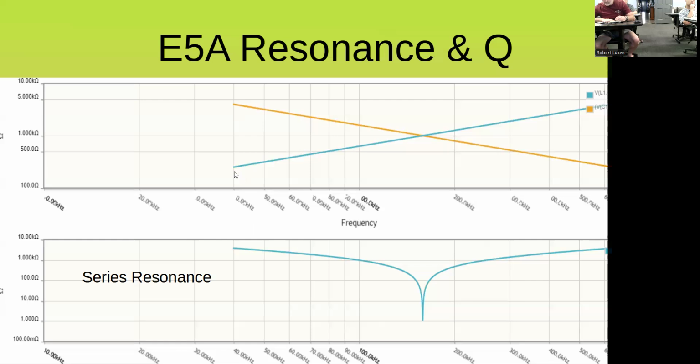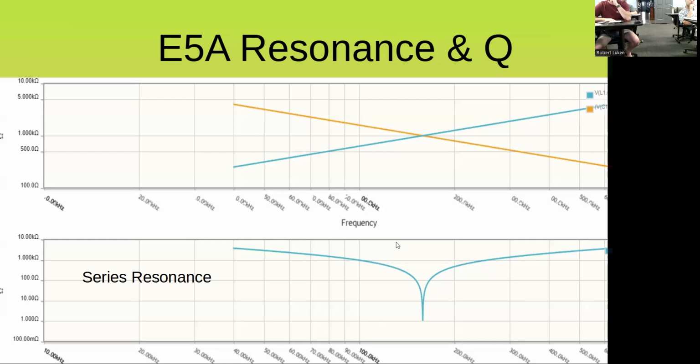The blue line is the inductor, which is just the opposite. It's going to appear as 0 resistance or reactance at 0 frequency and increase as it goes up. You see where the two cross, they're equal, and that's going to be the resonant frequency, which is plotted down below.